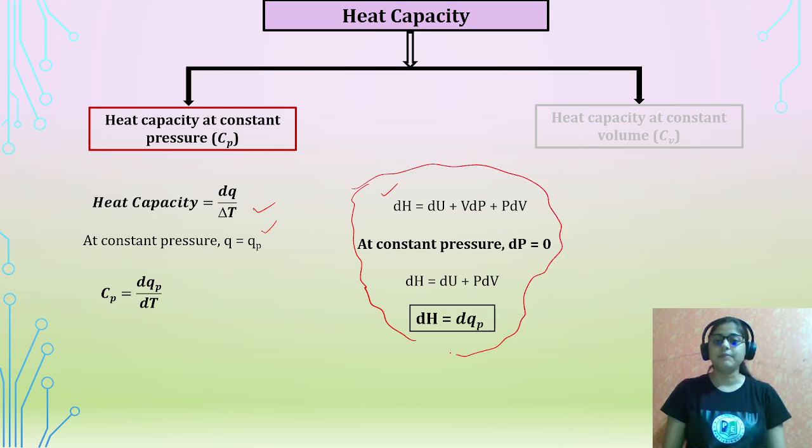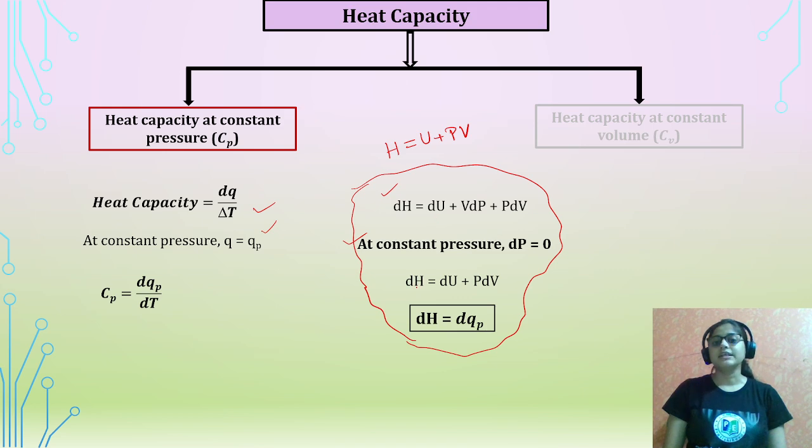From enthalpy we know that H, enthalpy, is equal to U plus PV, where U is the internal energy, right? So delta H will be delta U plus delta PV, and if we arrange that, we get delta H equal to delta U plus VdP plus PdV. At constant pressure, dP will be 0.